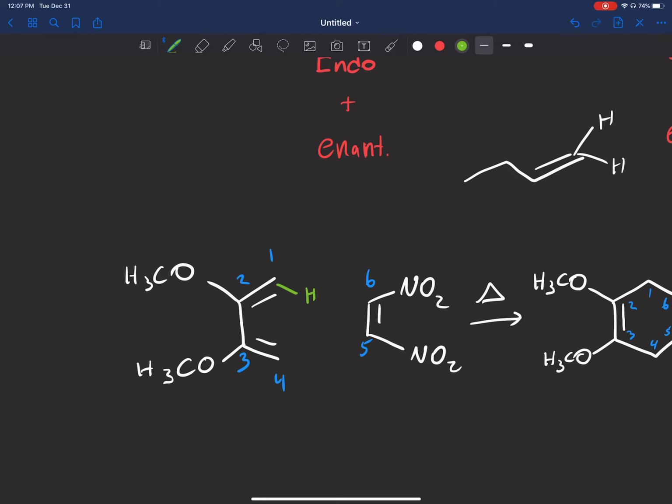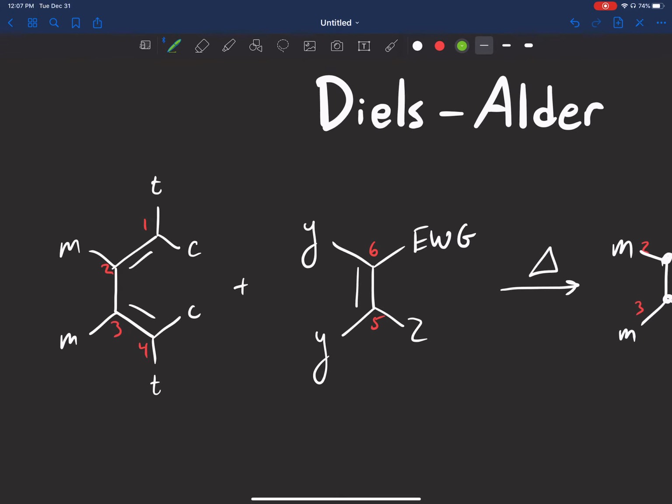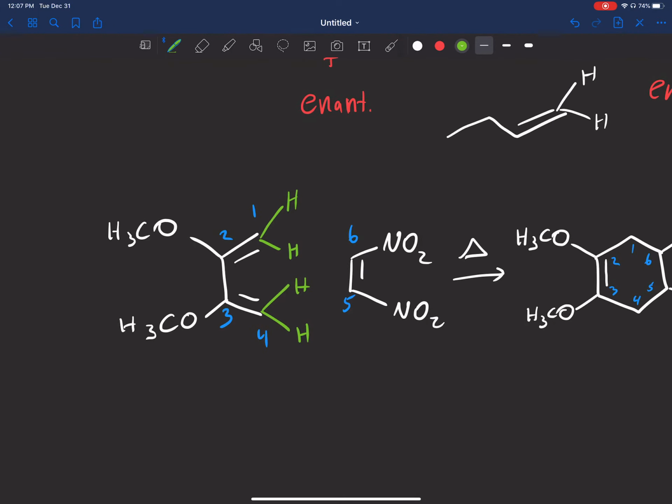Here's 1 hydrogen. Here's another. Same for this guy. So how do these hydrogens correspond to this T and C thing? Because they're both hydrogens, it doesn't really matter, but just to keep it consistent, you can see that this hydrogen and this hydrogen are on the same side of the diene. Actually, let me redraw them.